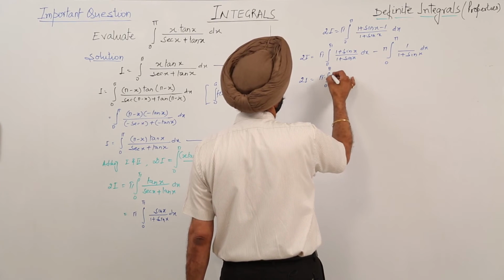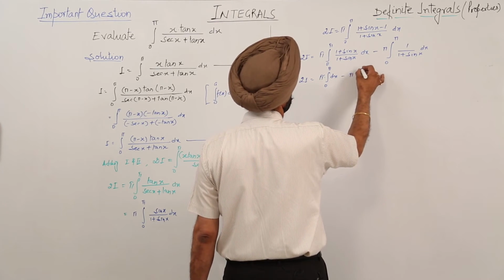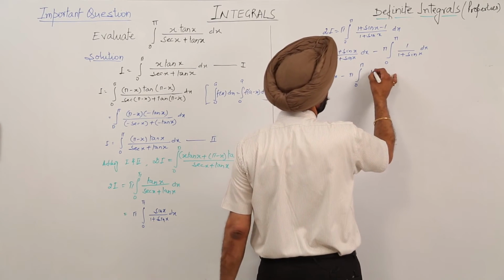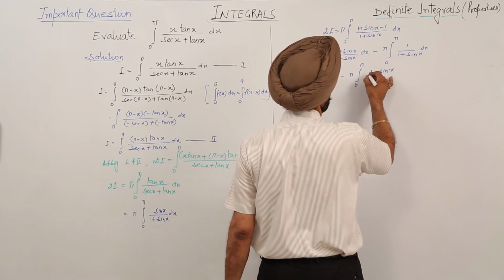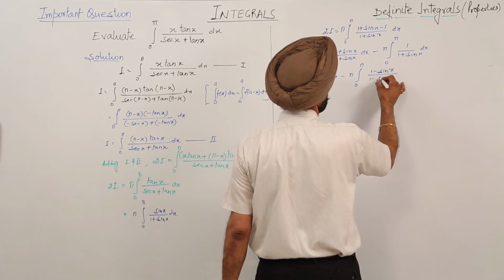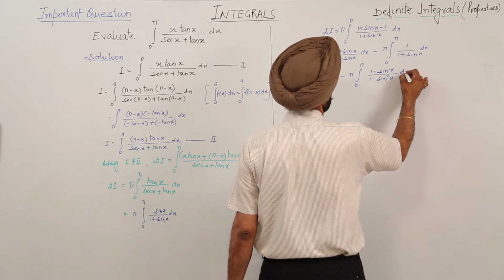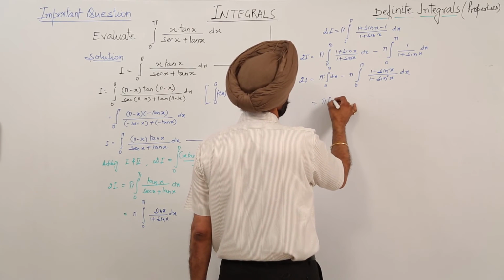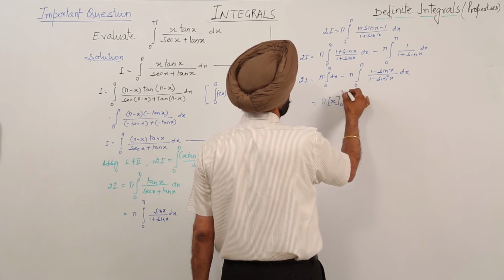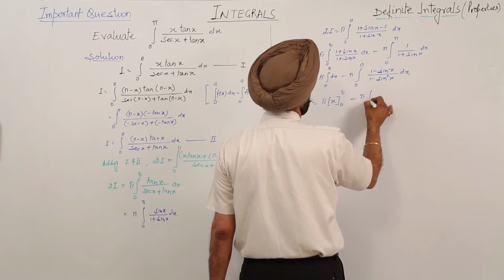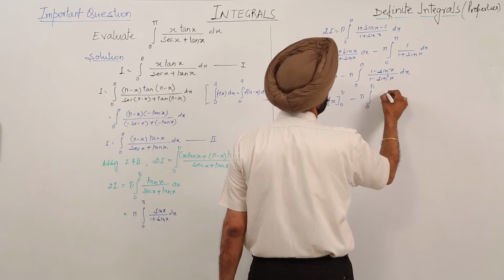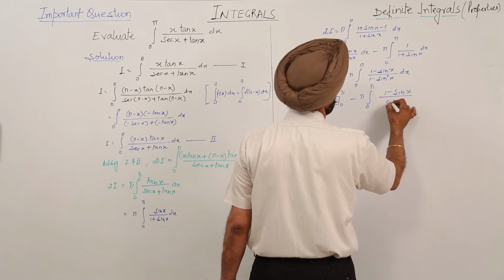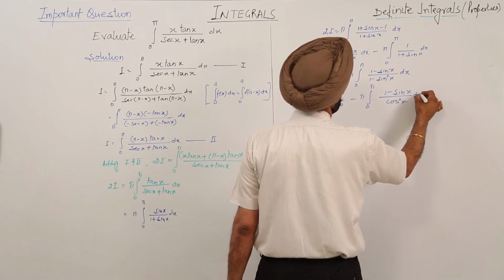The integration of 0 to pi dx, minus pi, integral 0 to pi. Now rationalization for this term: (1 minus sin x) upon (1 minus sin square x) dx. So pi times x from 0 to pi, minus pi, integral 0 to pi of (1 minus sin x) upon cos square x dx.